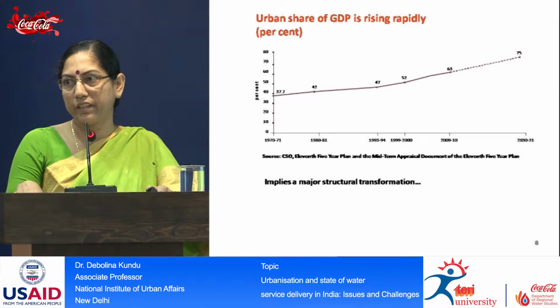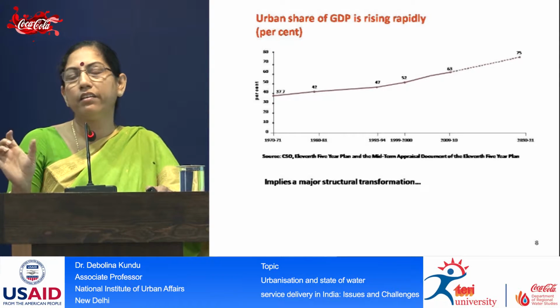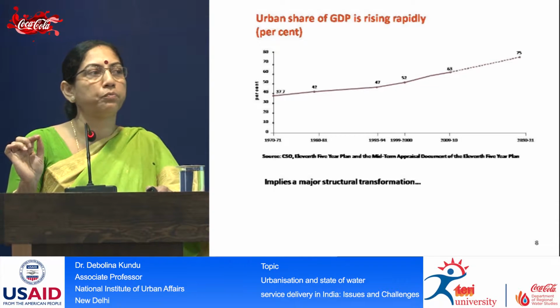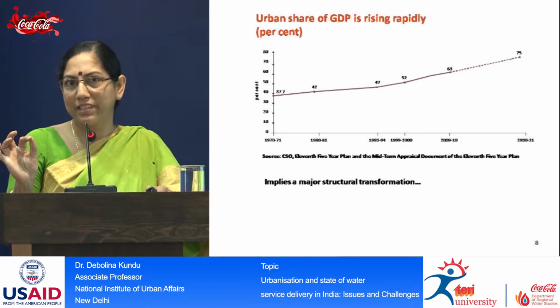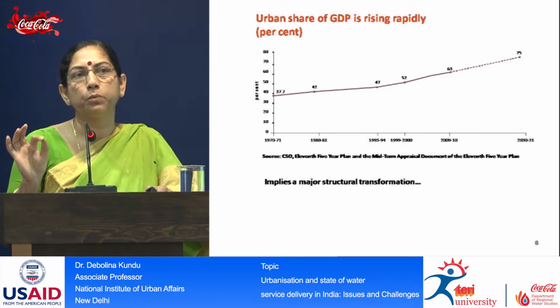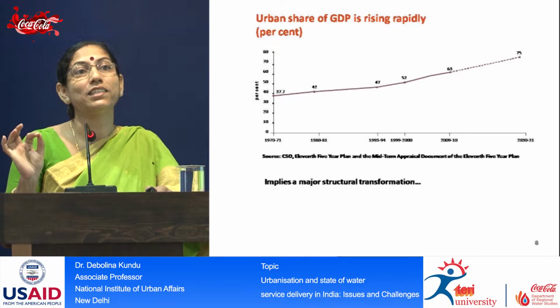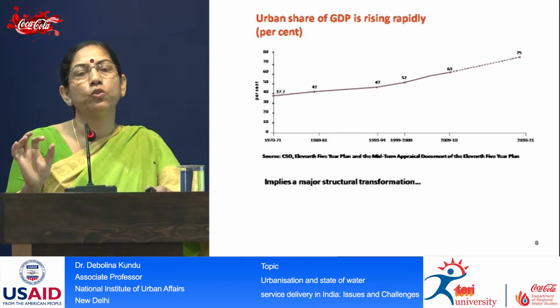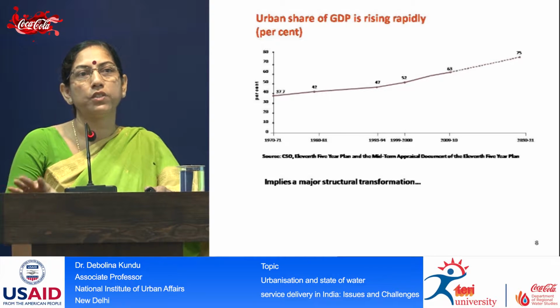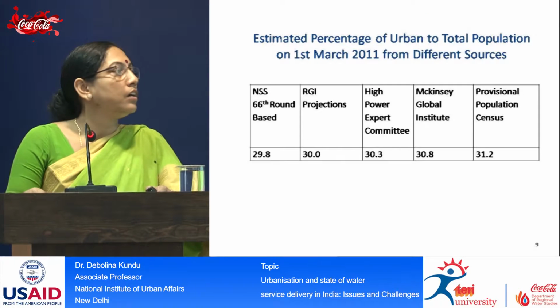Only in the last decade do we find an increase of 0.02%, from 2.74 to 2.76. And this 0.02% is accounted for by census towns, because in the last decade, 2,530 new census towns were added.